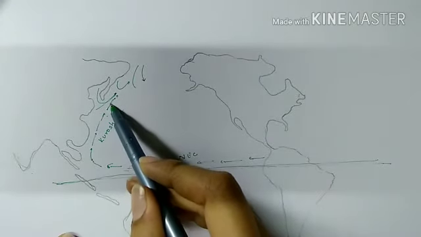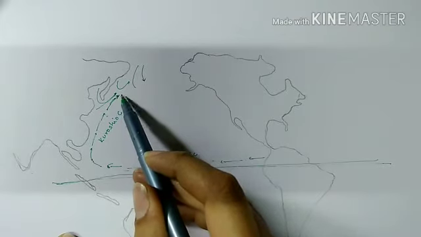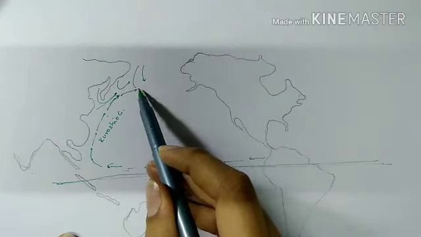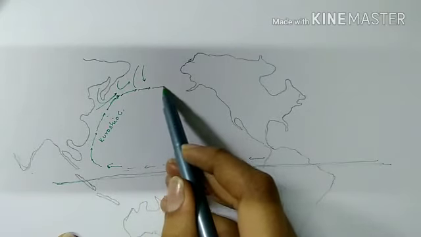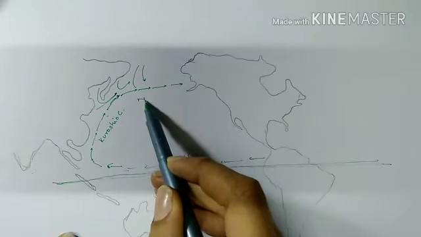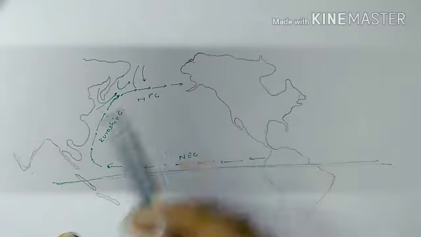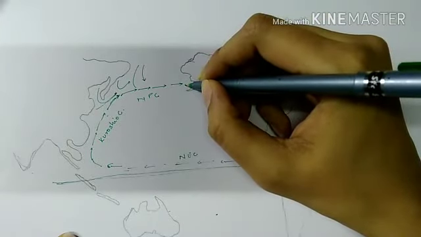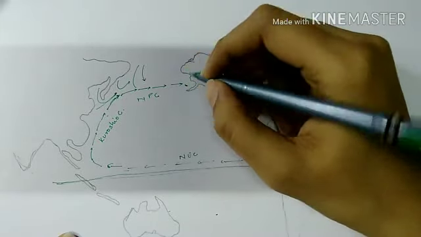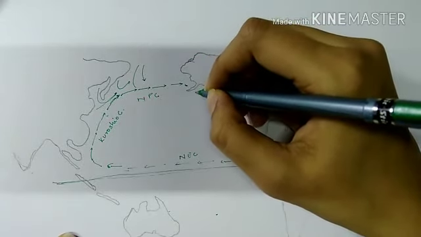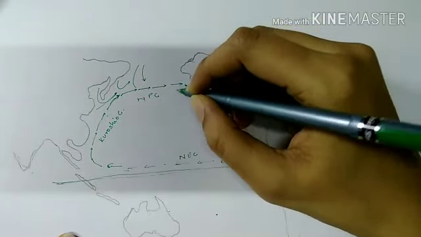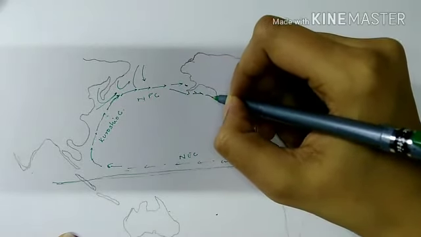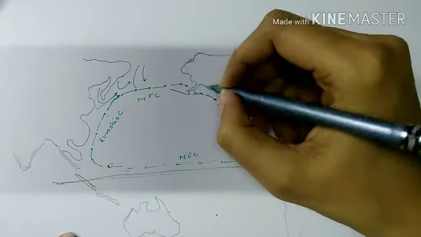Now these currents move towards the eastern side, and this is known as the North Pacific current. This North Pacific current, as it strikes the coast of California, is known as the Californian current.